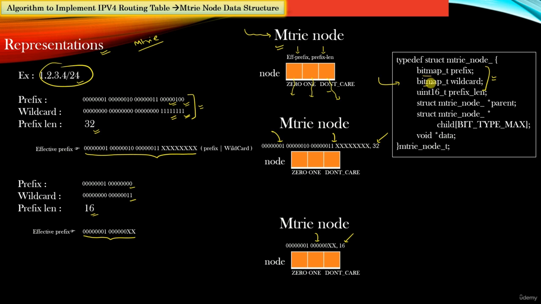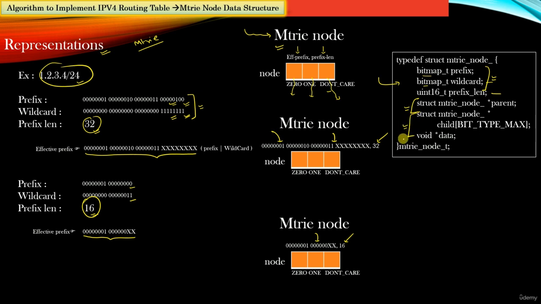Prefix len we already know. In this case the prefix len is 32. In this case the prefix len is 16. So the number of bits in the prefix and the total number of bits in the wildcard is the prefix len, and the prefix len of the prefix and wildcard is always going to be the same no matter what. Then each node contains a pointer to the parent and a pointer to its children.